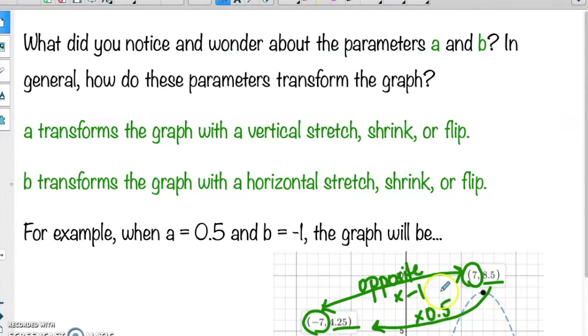And we've seen these values before. -1 is B and 0.5 is A. And notice that the A value affects the y coordinate of these 2 maximum points. The B value affects the x coordinate of these 2 maximum points.